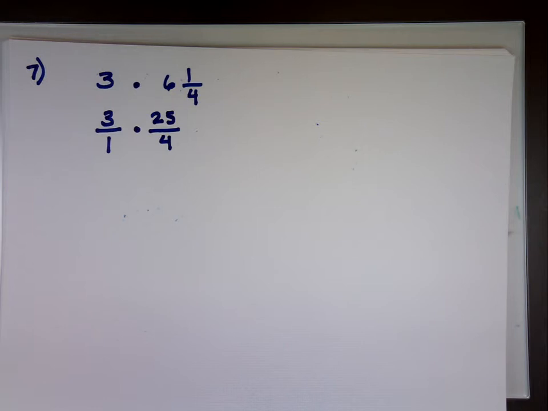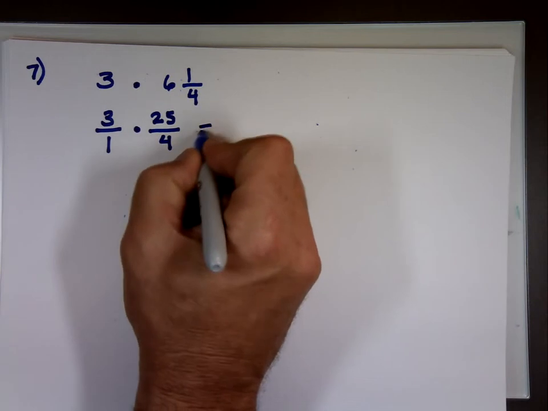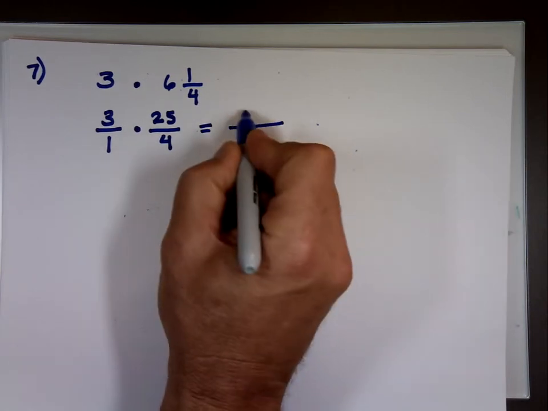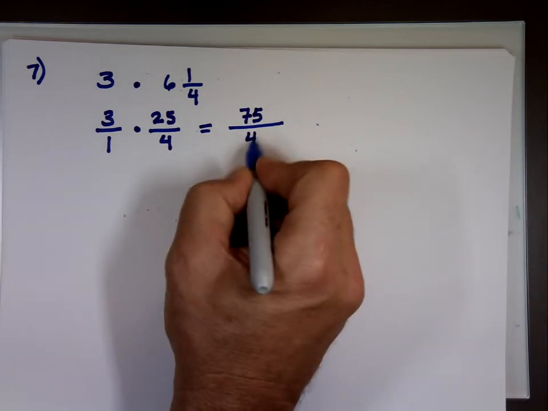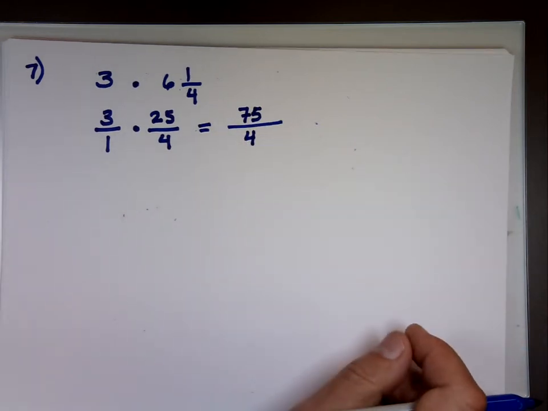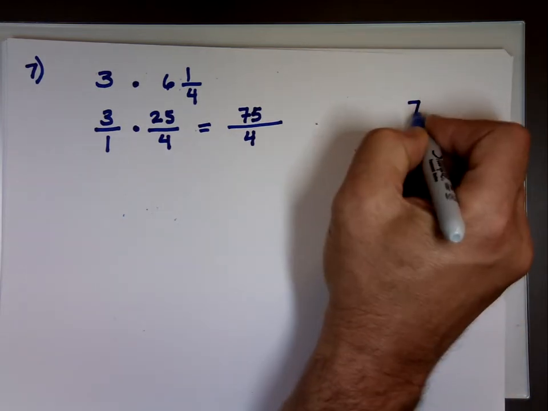And now when you multiply fractions, remember, it's the top times the top, the bottom times the bottom. 3 times 25, which is what? 75, and 1 times 4 is 4. And I'm looking at the answers. All the answers are mixed numbers. So you better convert your answer to a mixed number.